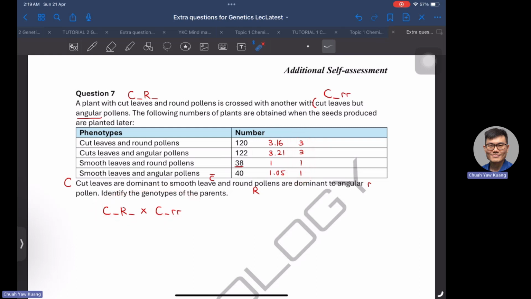So we can now say that this ratio is due to just a normal dihybrid cross, just a normal Mendel's model. With that, we can confirm the question type now. Move this down first. So this is another question that is a normal Mendel's model.